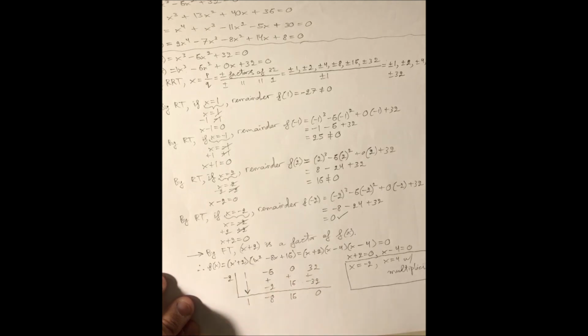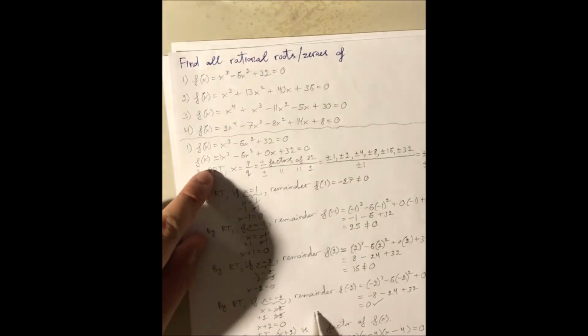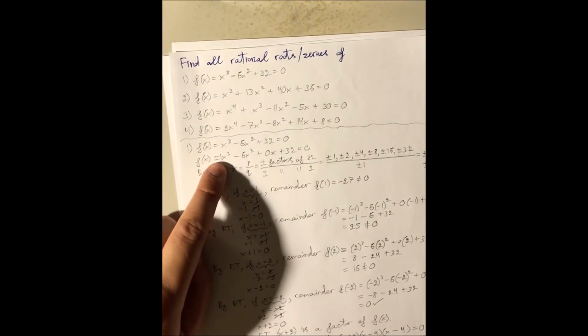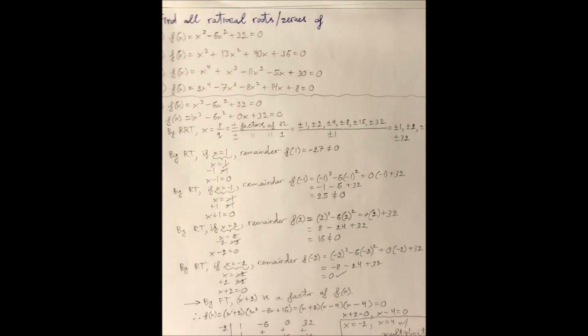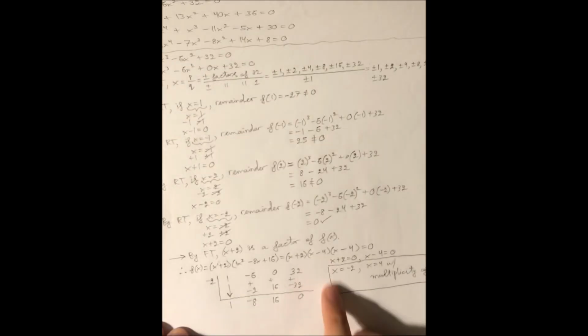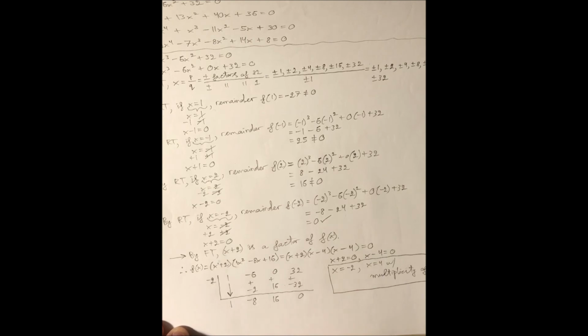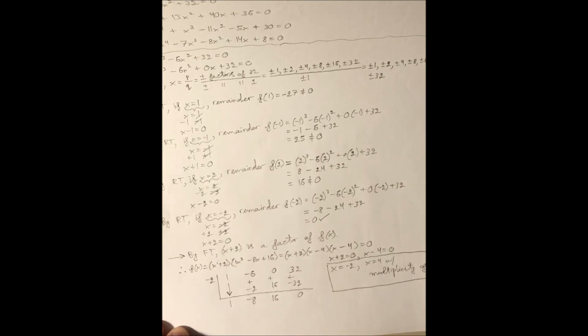So the factor that you're trying to fill in by using synthetic division must have a degree of 1 less than the original one, which is 2. And from there just use the zero product property and then solve for x, and that's how you find all of the rational roots of this equation.